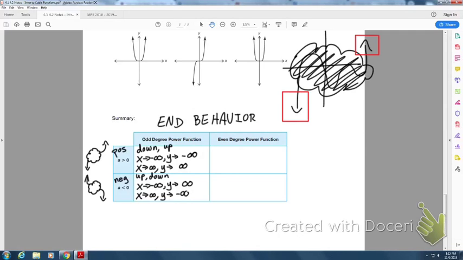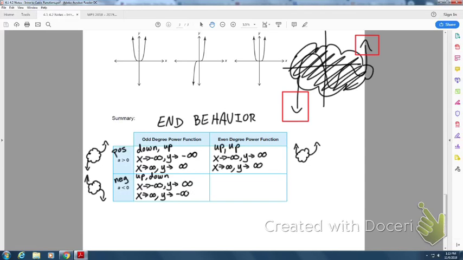Okay, so let's go to the even degree. Think about a parabola. It starts off up there, goes down, hits the vertex, ends up going back up. So this would be an up, up. If they both go up, both of my y's are approaching what?